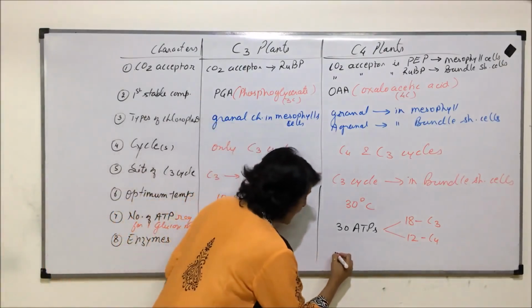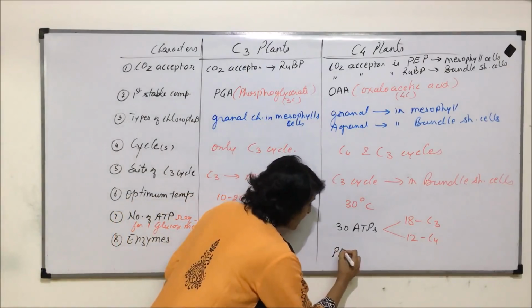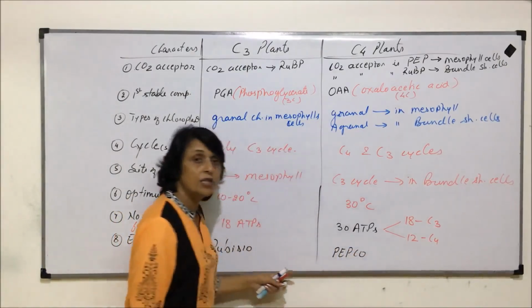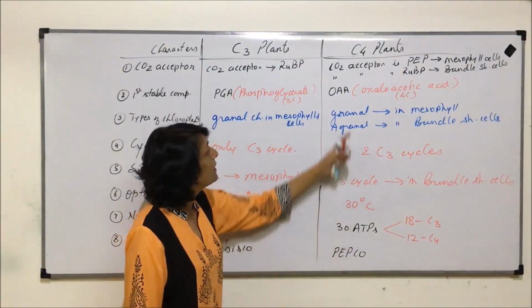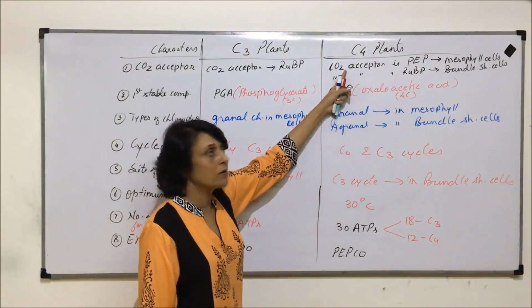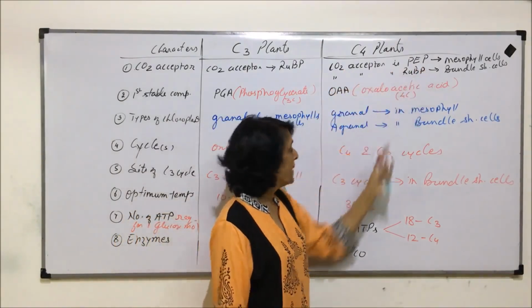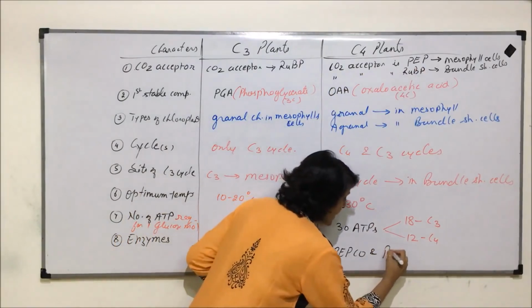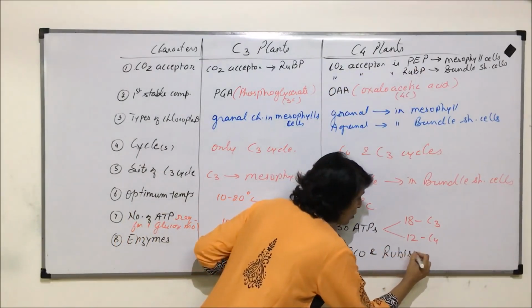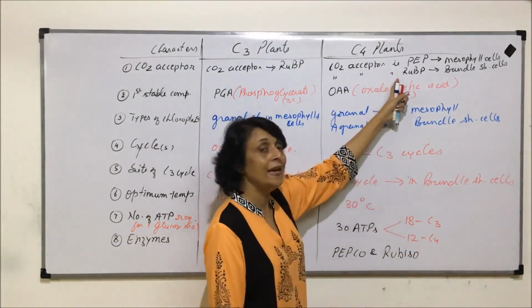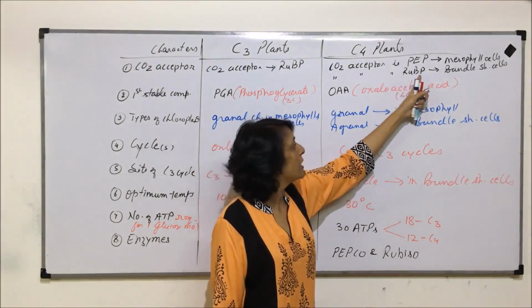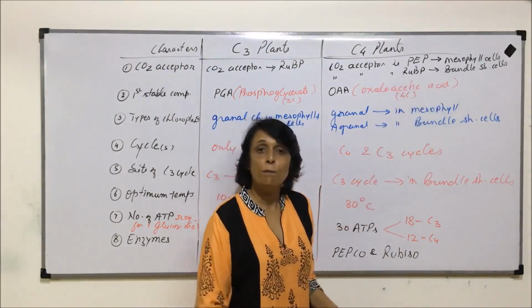Here also, the enzymes required are PEPCO, which is PEP carboxylase. It will help in carboxylation of PEP. And the other enzyme is rubisco also, which would help in addition of carbon dioxide to RUBP in bundle sheath cells.